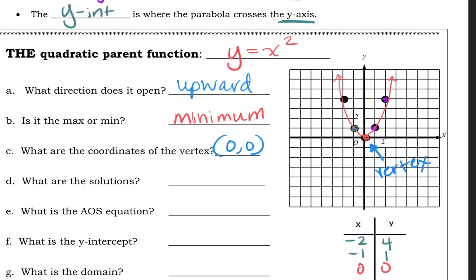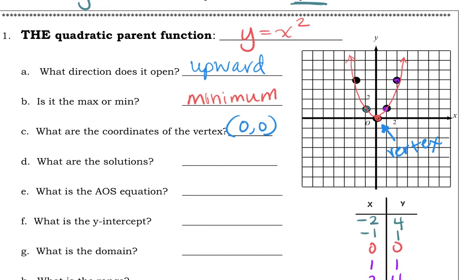All right, how many solutions does this one have? How many times is this graph touching the x-axis? Only once. And where is that point at? 0, 0. All right, what is our axis of symmetry? 0.